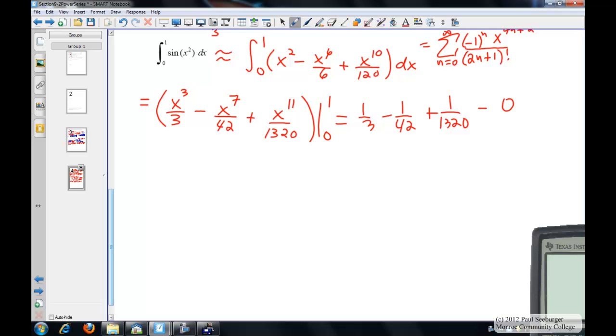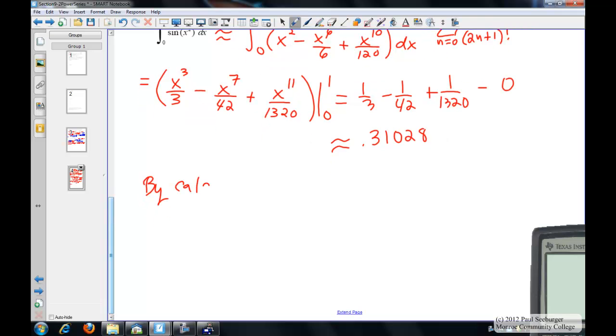So we end up with, I don't think I even wrote a fraction equivalent this time, I just went to the decimal. We get 0.31028. Now what we'd like to do is try the calculator. By the calculator, we find that the integral from 0 to 1 of sine of x squared dx, which, by the way, we cannot do directly because we don't have that factor of x out there, using the calculator, is about 0.31027.